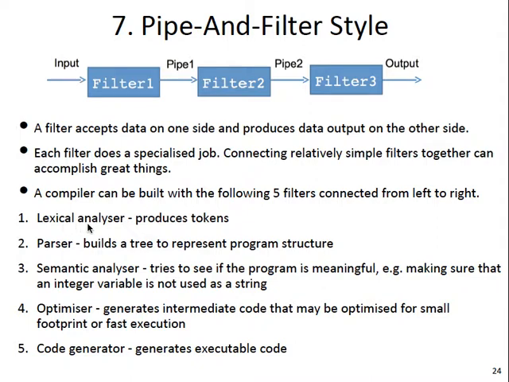So the lexical analyzer would group related characters into tokens. For example, if it sees a bunch of alphabetic letters and on the left-hand side there's a space, and on the right-hand side there's a space, the lexical analyzer would recognize that these several alphabetic characters would be a variable name or a keyword. So it would group them together and make them into a token.